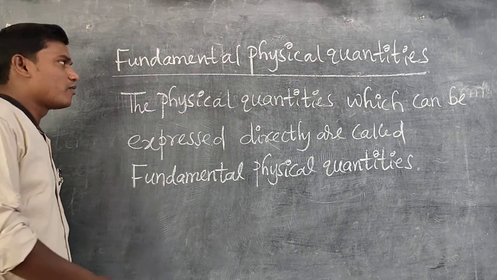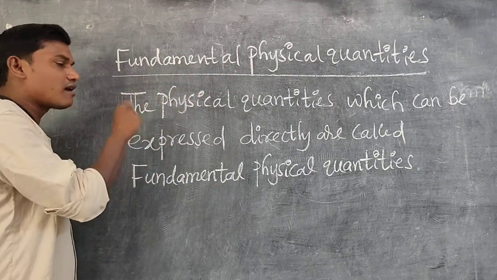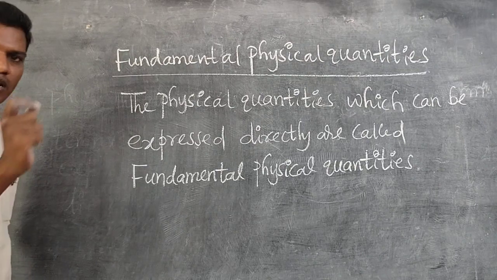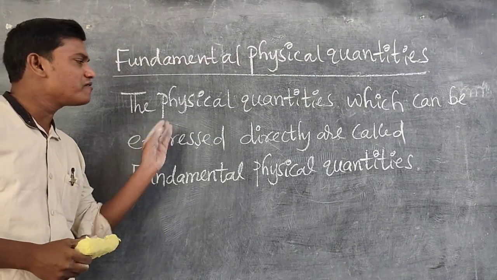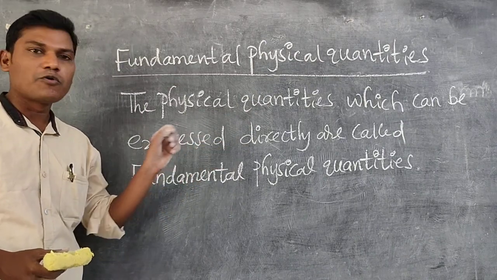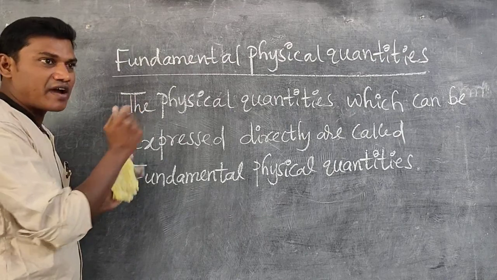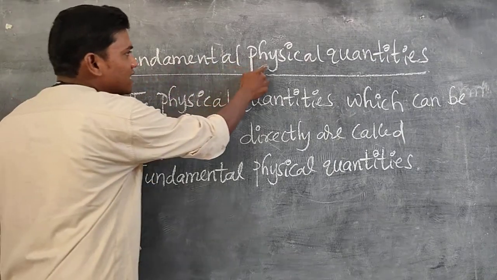Now I am explaining which physical quantities we call fundamental physical quantities. And how many fundamental physical quantities are there? That we are also discussing at this time. So how can we define fundamental physical quantities?